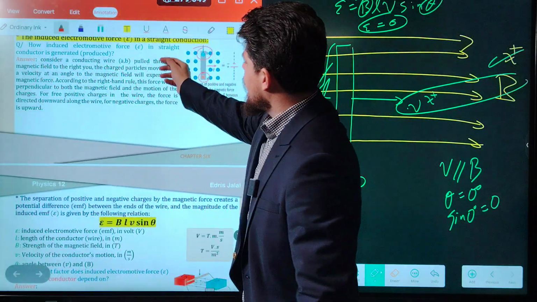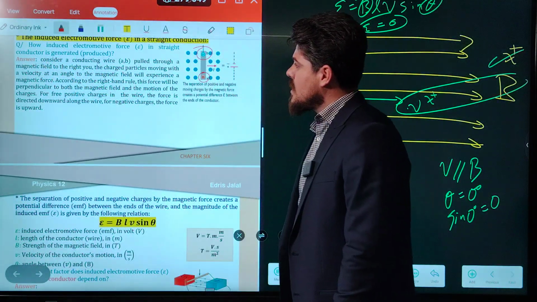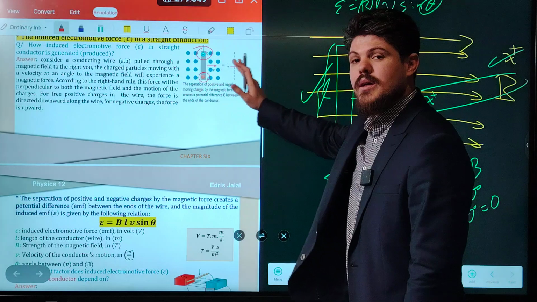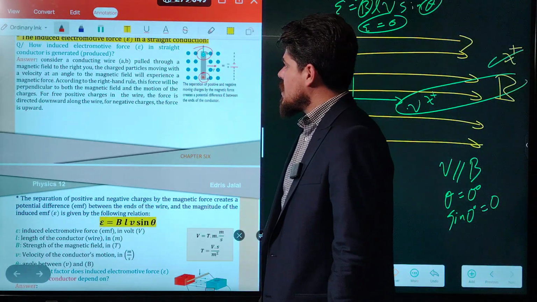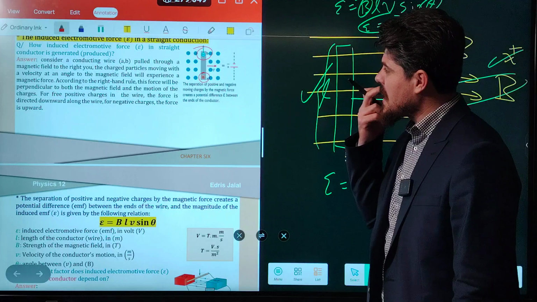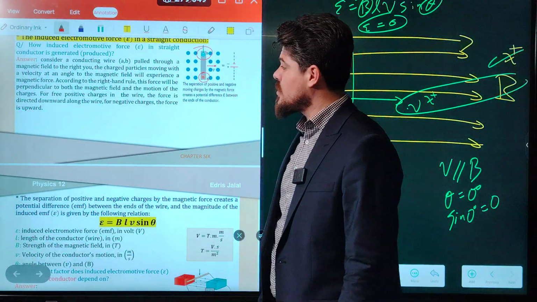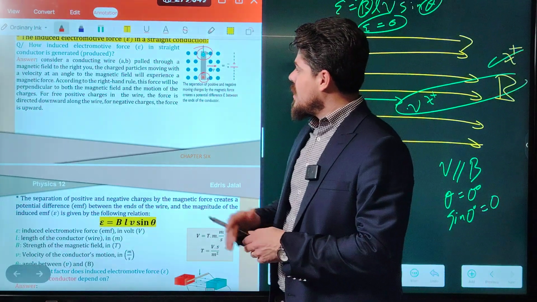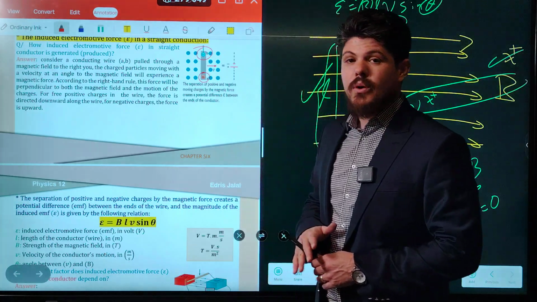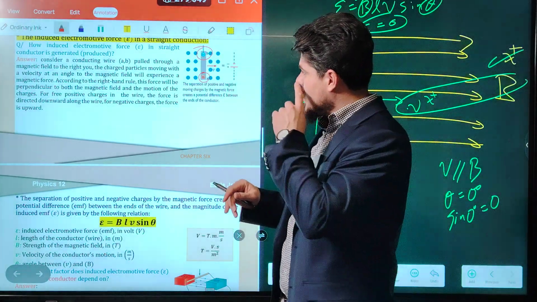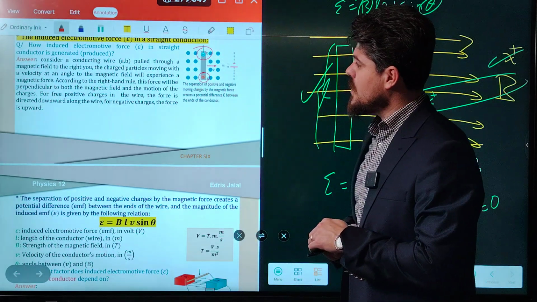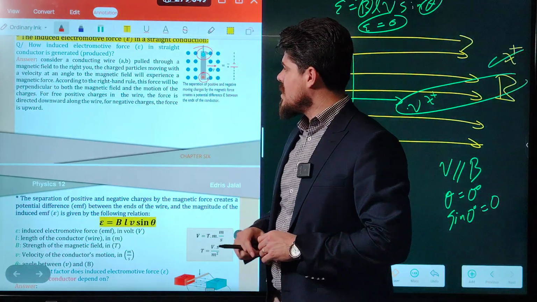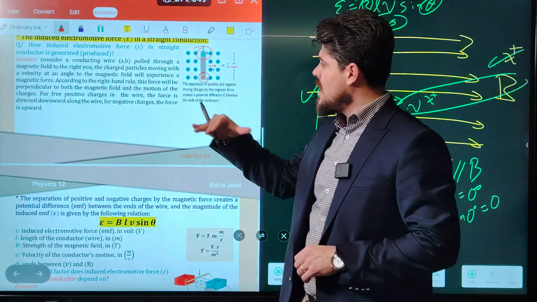Consider a conducting wire A and B pulled through a magnetic field to the right. The wire is moving to the right. A charged particle moving with a velocity at an angle to the magnetic field will experience a magnetic force. According to the right-hand rule, this force will be perpendicular to both the magnetic field and the velocity of motion of the wire. For free positive charges in the wire, the force is directed downward along the wire.